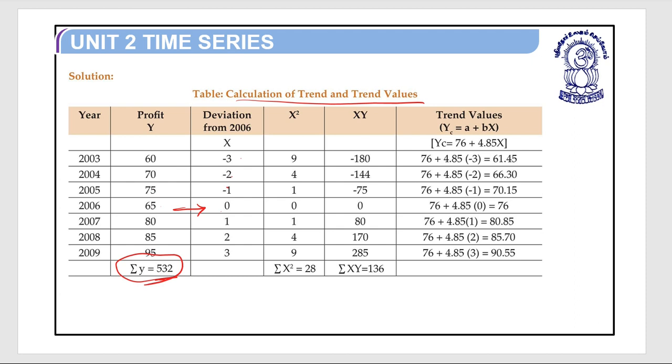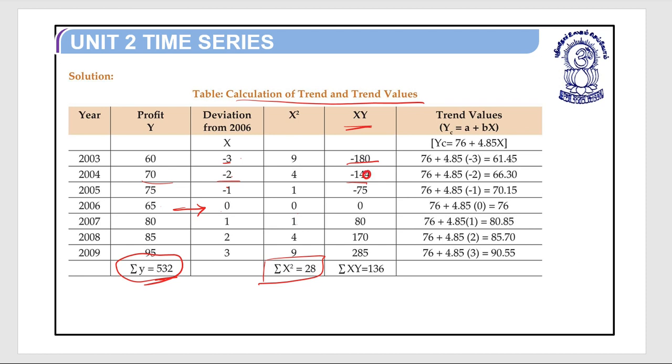X square is minus 3 square 9, minus 2 square is 4, minus 1 square 1, 0 square 0, 1 square 1, 2 square 4 and 3 square 9. So sigma x square is equal to 28 in total. Now xy: minus 3 into 60 is minus 180, minus 2 into 70 is minus 140.